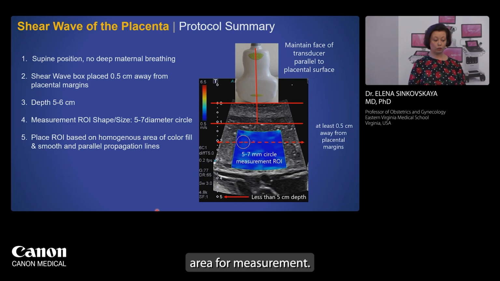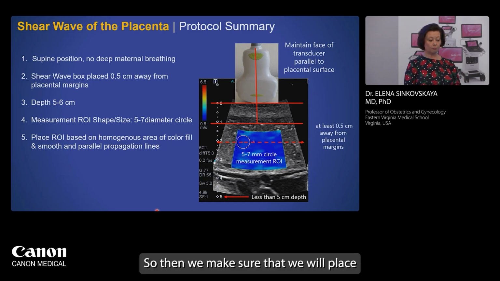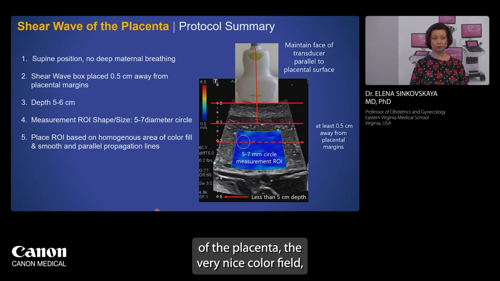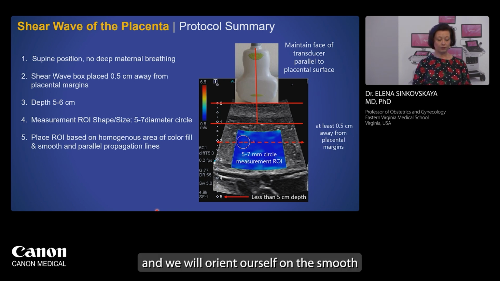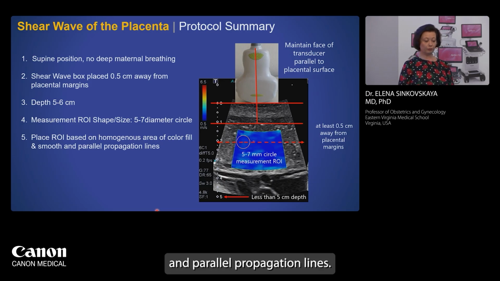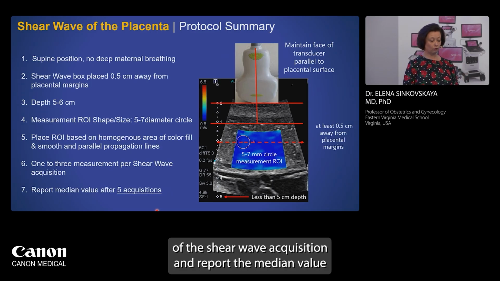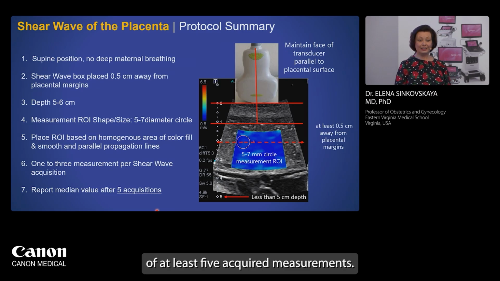We make sure that we place those areas for measurement in a homogeneous area of the placenta with a very nice color fill, and we will orient ourselves on smooth and parallel propagation lines. Finally, we will use 1 to 3 measurements per box of the shear wave acquisition and report the median value of at least 5 acquired measurements.